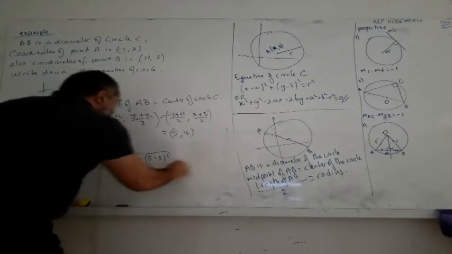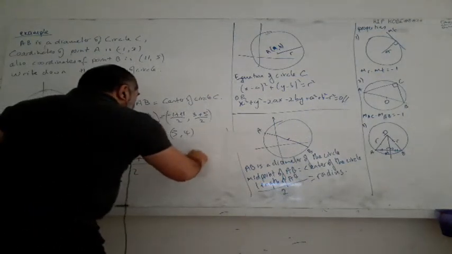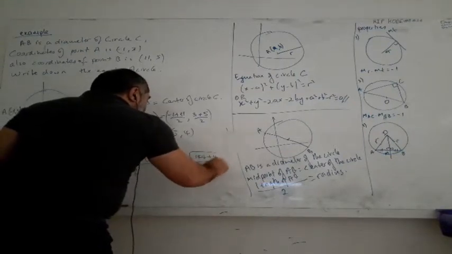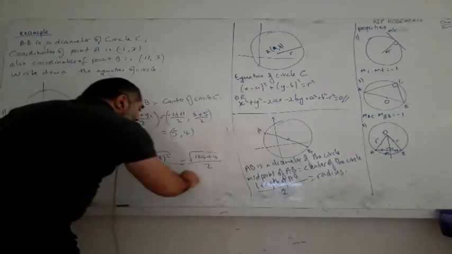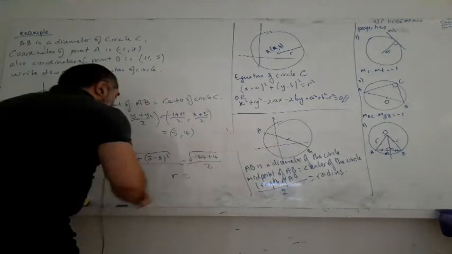So this is going to be the square root of 144 plus 16 over 2. So the radius is equal to root 160 over 2.